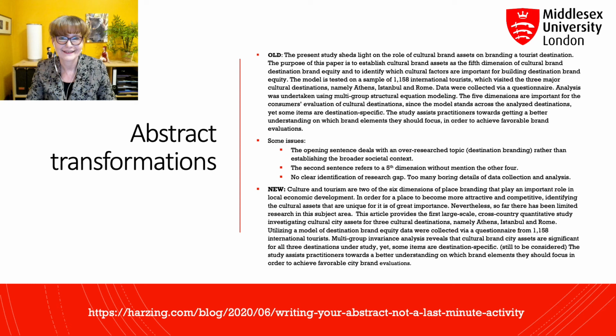The second sentence also didn't really work well because it mentioned a 5th dimension, which was the dimension discussed in the paper, but it didn't mention the other 4, so the context was completely lost.